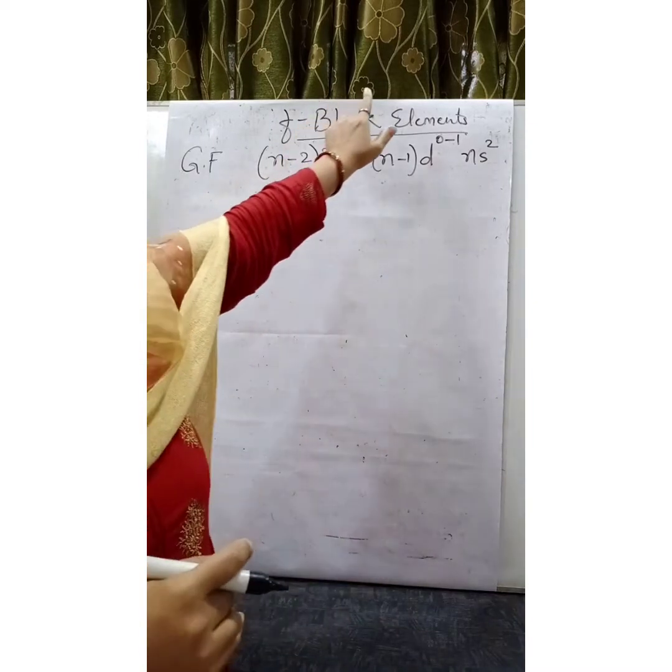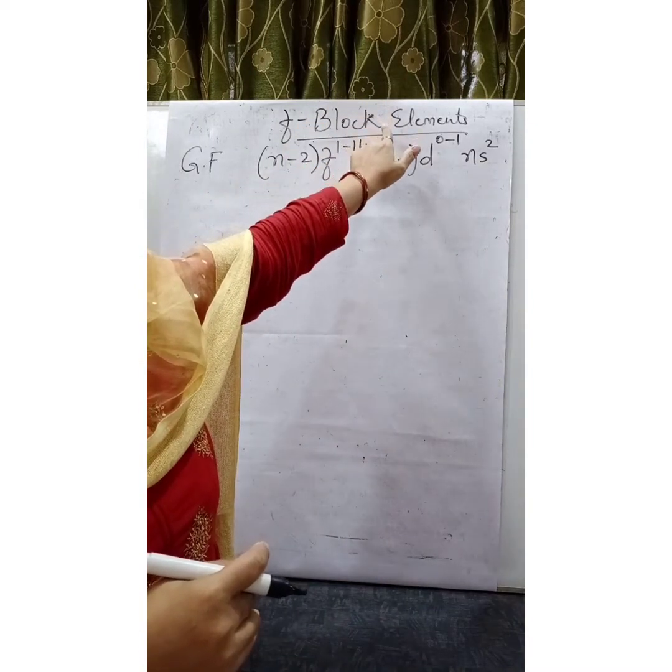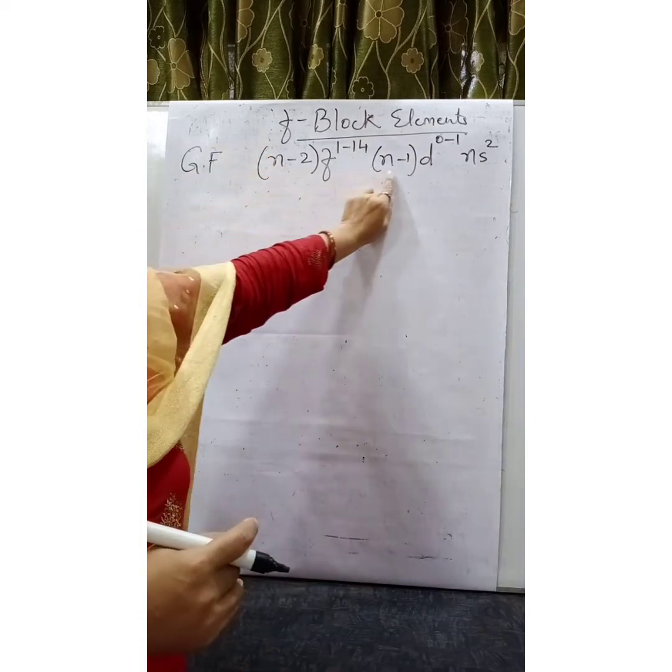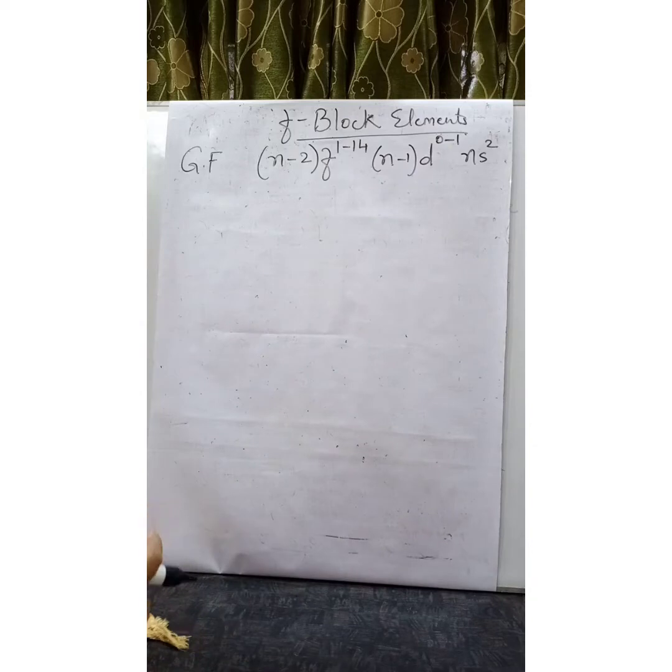We call these elements f block elements because the last electron enters into the f orbital.